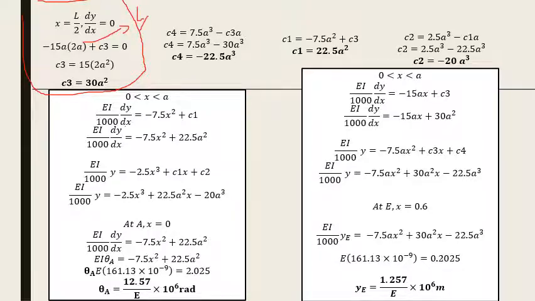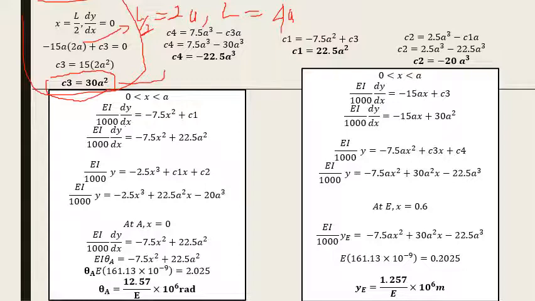Because L over 2 is equal to 2a, since L equals 4a. Rearranging the terms, finally C3 is equal to 30a squared.